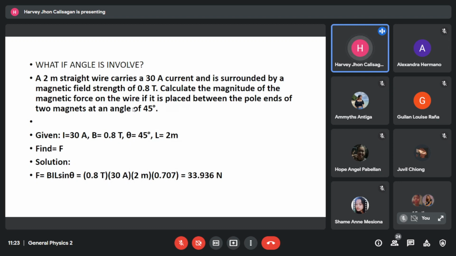So using the formula, F equals B times I times L times sine theta, substitute the given values. We have 0.8 Tesla times 30 ampere times 2 meter. And then kindly check, class, if the sine theta here is 0.707.